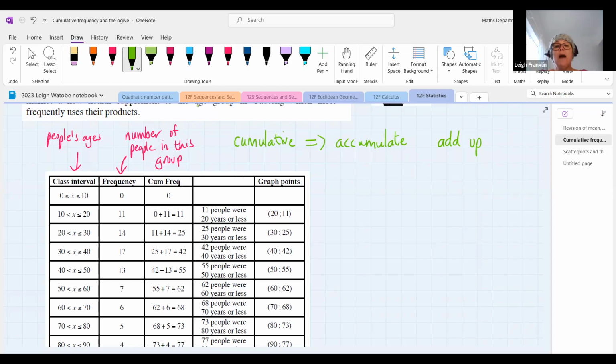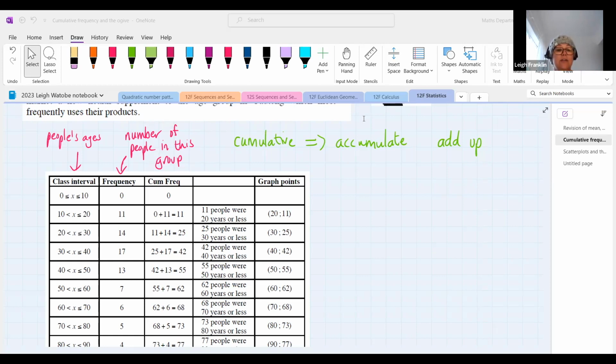Why do we do this? We do this because cumulative frequency gives us a running total. It tells us at any given point how many people there are at a certain age or less. So if we have a look at the fourth column, we can see that 11 people were 20 years of age or less.